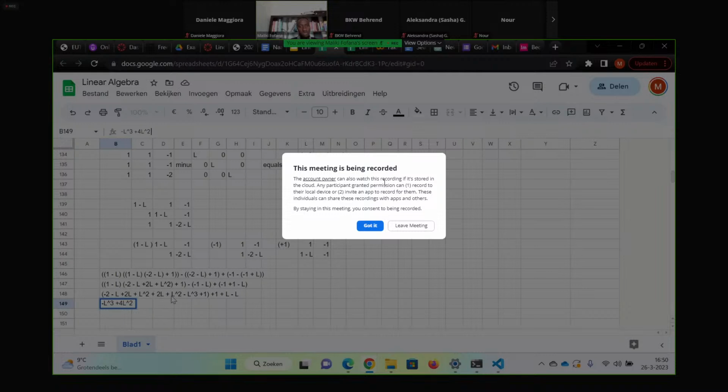Lambda times this is 2 lambda to the power of that. So I think there's a mistake, because we said lambda times minus 2 is minus 2 plus 2 lambda, and minus lambda times minus lambda gave us lambda plus lambda square, right?